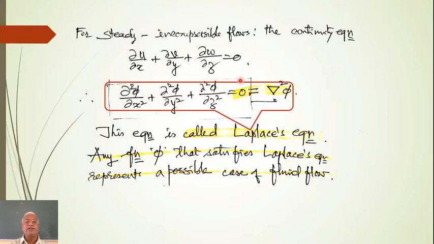This whole thing is abbreviated as del squared phi, and this equation is called the Laplace equation. Any function phi that satisfies the Laplace equation represents a possible case of fluid flow. This is an important statement: if phi exists satisfying the Laplace equation, then as a corollary we can say that fluid flow exists.